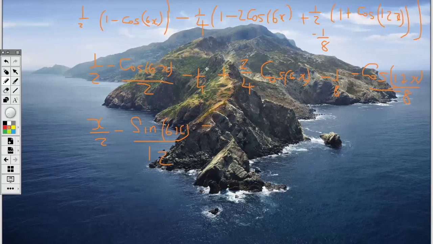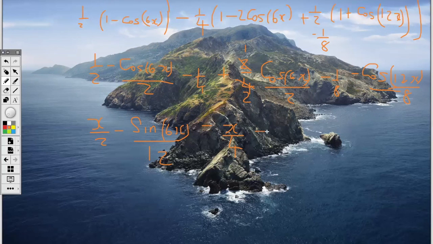Minus integral of minus a quarter would be x over 4, and some persons like to write this as a half x and a quarter x. That's fine. This can cancel, so we have 1 over 2.